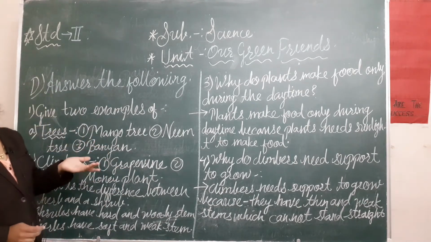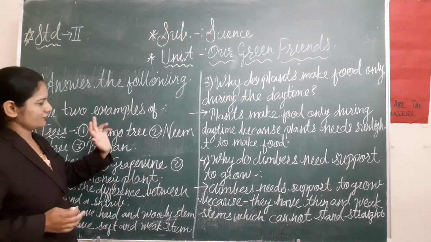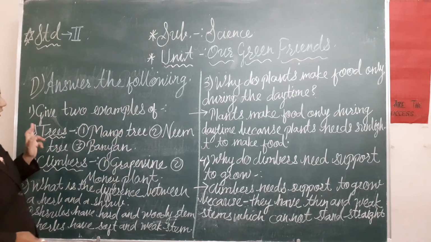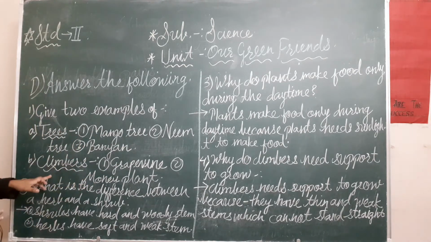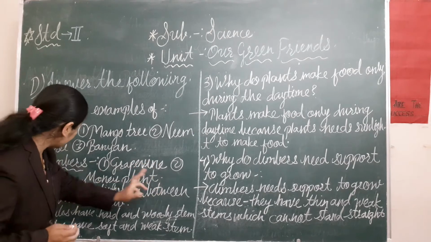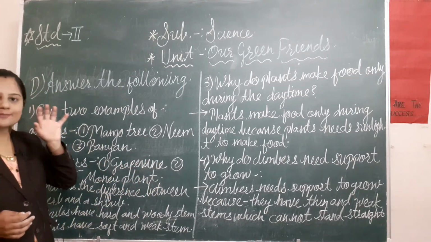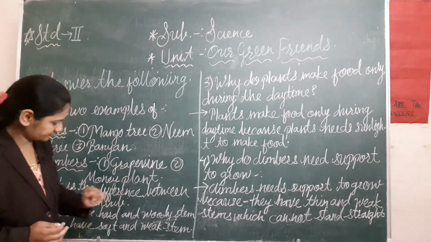You can also write down other examples which you know. Here I just write the mango tree, the neem tree, banyan tree. Okay, trees. A big plant is called a tree. Then the climbers, grapevine and the money plant. A plant which needs support to grow is called a climber.